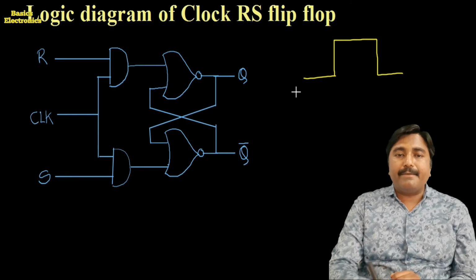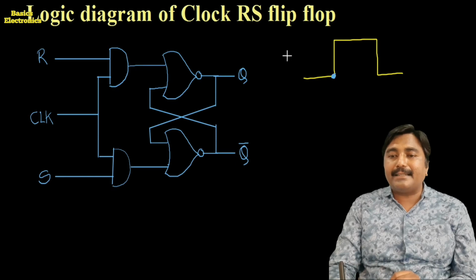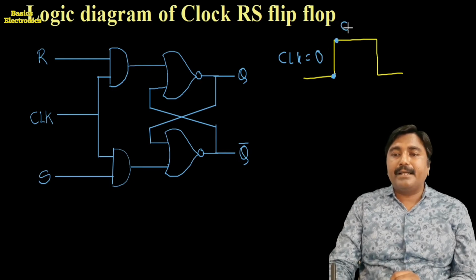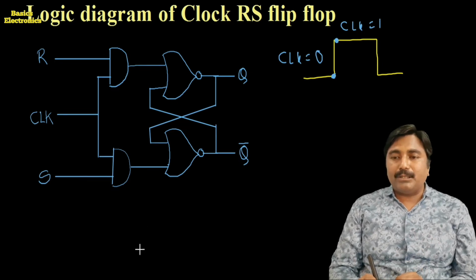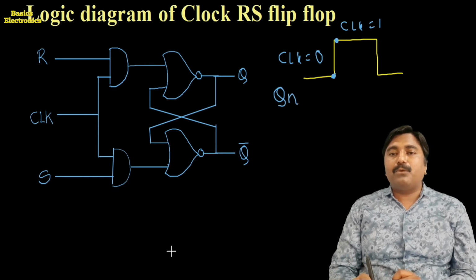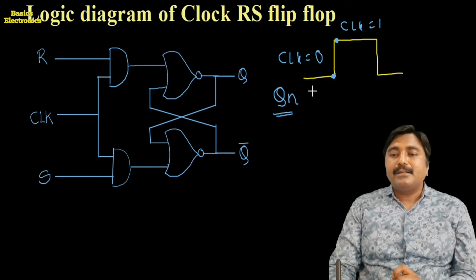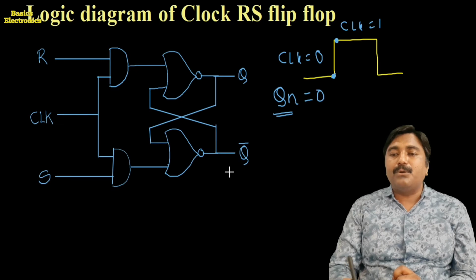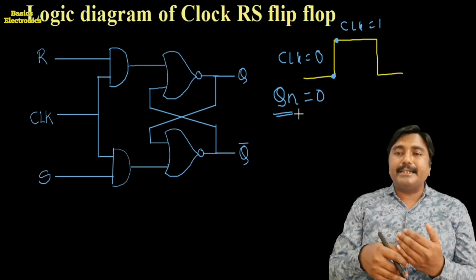Now suppose this is a time instant, at which the clock pulse is equal to 0, and here there is one more time instant where the clock pulse is equal to 1. When the clock pulse is equal to 0, we consider the output of the flip-flop. The previous output of the flip-flop is Qn. Suppose Qn equals 0 and the clock pulse goes high, and the output condition of the flip-flop changes to the opposite state.